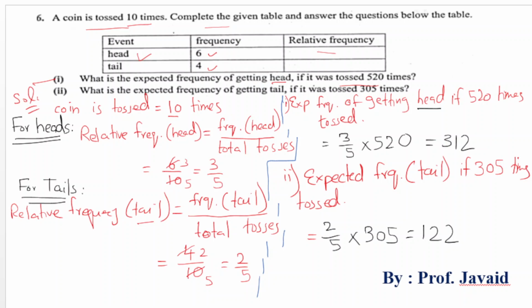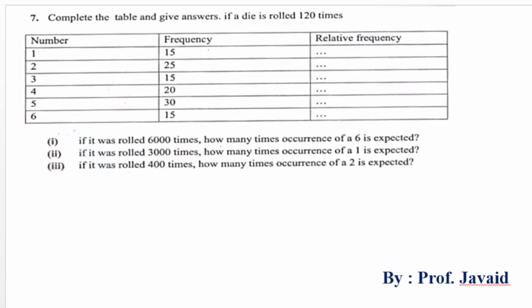So let's move toward the next question. Complete the table given if a die is rolled 120 times. This question is also easy. The total is given, 120 times.